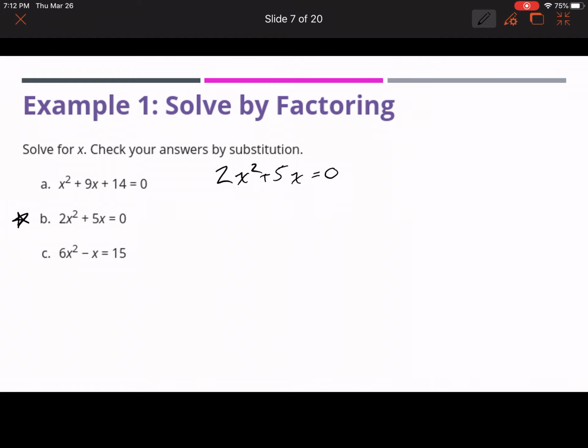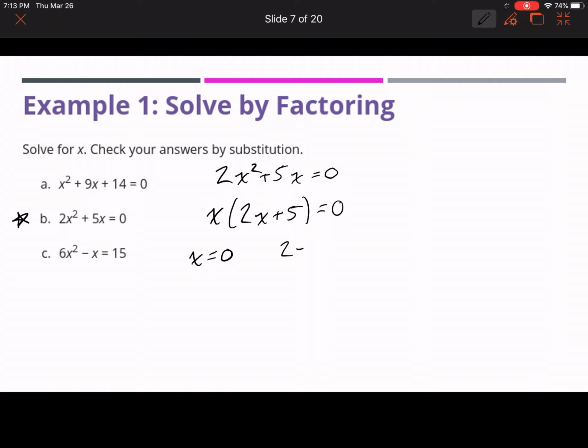And now the greatest common factor is x. All of our numbers are unfactorable, but we can pull out that x. So now we have a different A and a different B. One possible answer for x is just 0, because if x equals 0, then we would make this whole thing 0. We'll check that in our check.